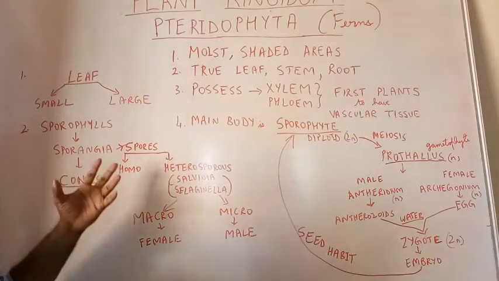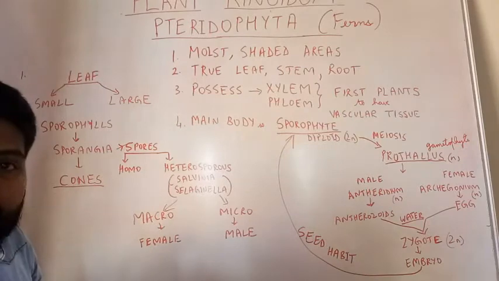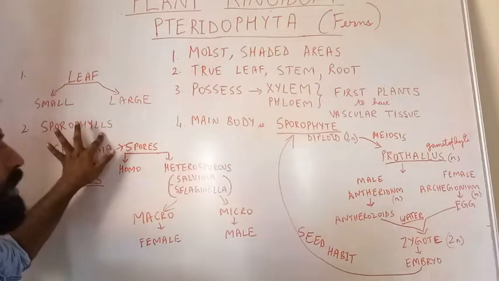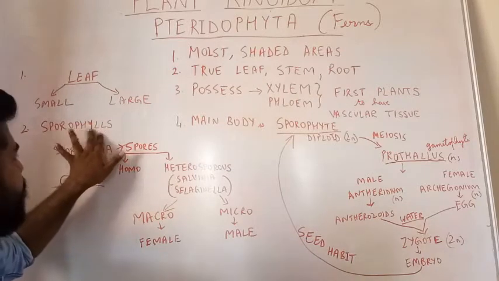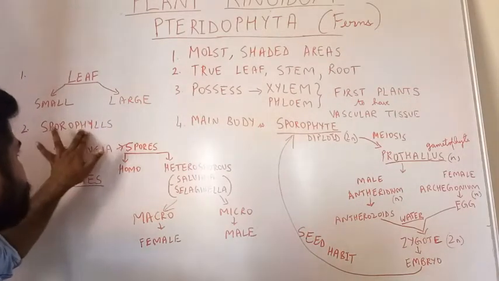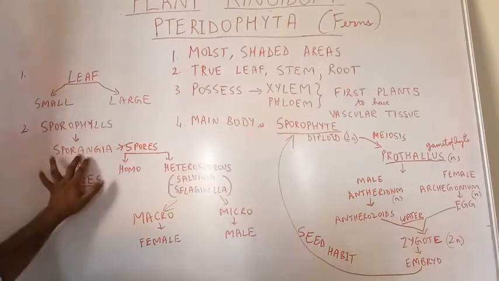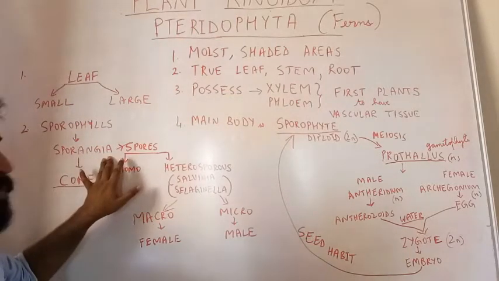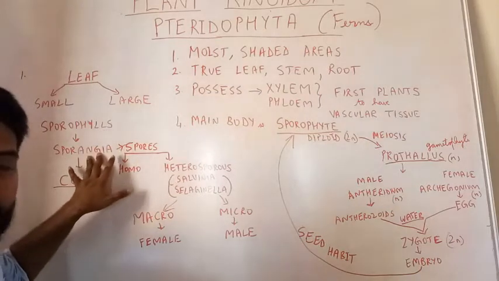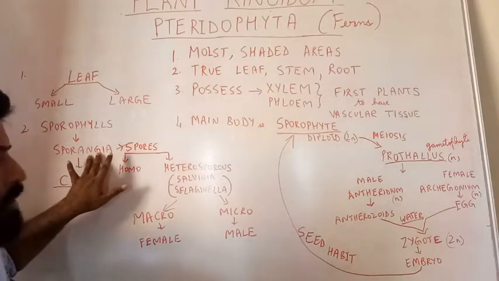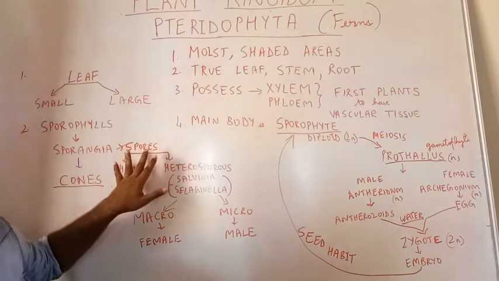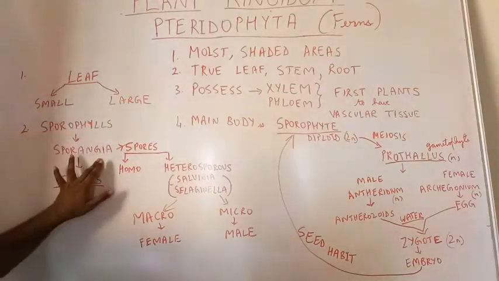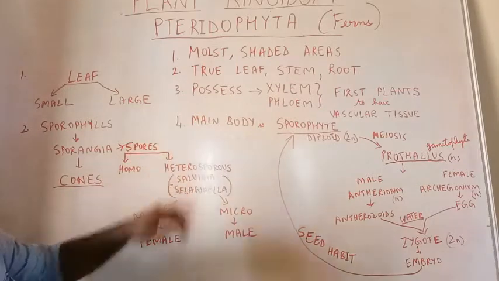The stem bears leaf-like appendages called sporophylls. These are leaf-like structures which bear or hold the sporangia. These sporangia are the structures that produce the spores. So sporophylls bear sporangia, which produce the spores.